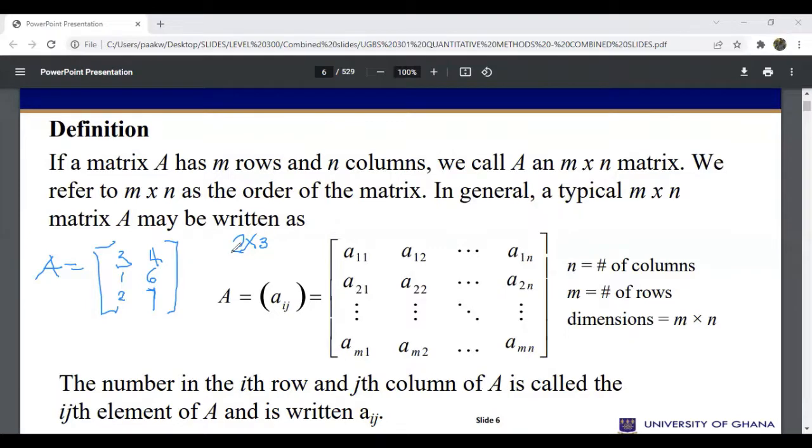Yes, 2 by 3. You are interchanging the thing. I said you first of all count the number of rows before the number of columns, but you interchange it. The number of rows is 1, 2, 3. That is 3 here, by the number of columns, 1, 2. So this one is 3 by 2 rather, not 2 by 3.